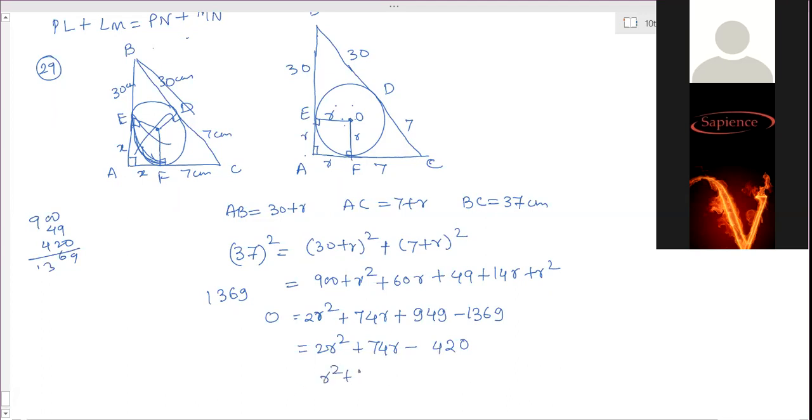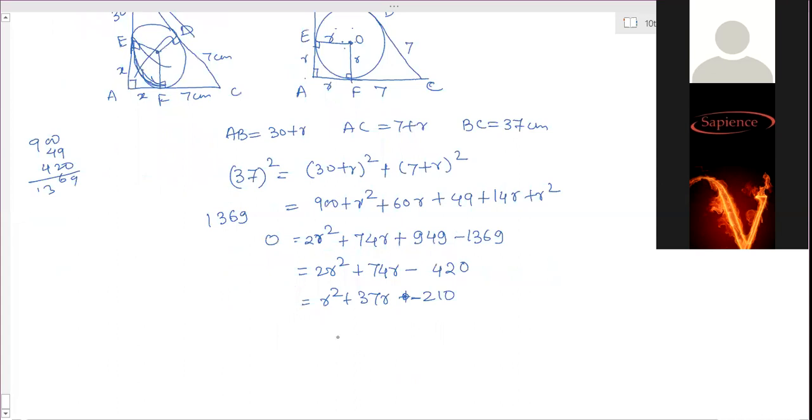So R squared plus 37R minus 210. No, can't work. Ma'am, we can use the quadratic formula. No, it is right. We can be done with this also. 15 and 14, no, doesn't work.